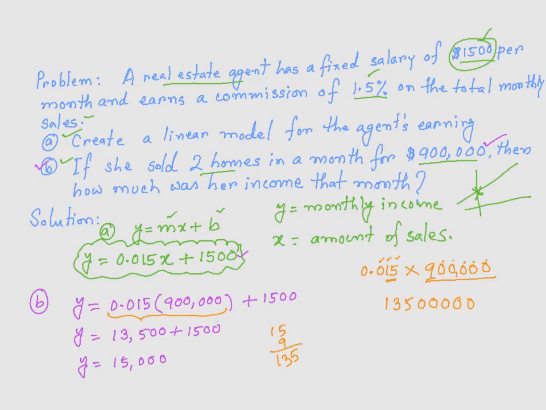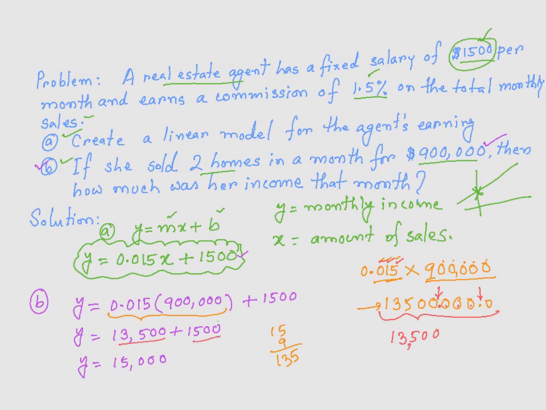So you need to move the decimal 3 digits to the left because there are 3 digits after the decimal. So I'm going to take this decimal and move it 1, 2, 3 right here. So this becomes 13,500, because the decimal is right here. So it's 13,500, and that's how we get this.